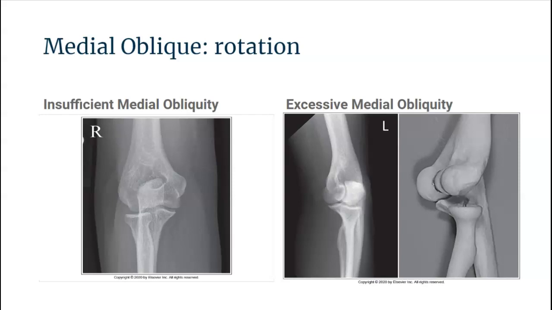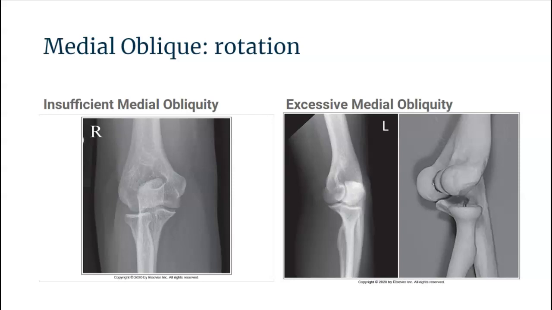So let's take a look at, in a medial oblique, insufficient medial obliquity versus excessive medial obliquity. If the humeral epicondyles are at less than 45 degrees of obliquity with the IR for that medial oblique elbow, less than 3/4 of the radial head will superimpose over the ulna, as you can see in this insufficient medial oblique image.